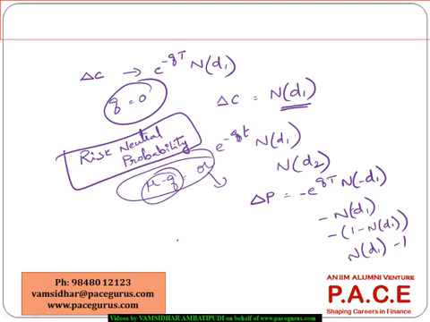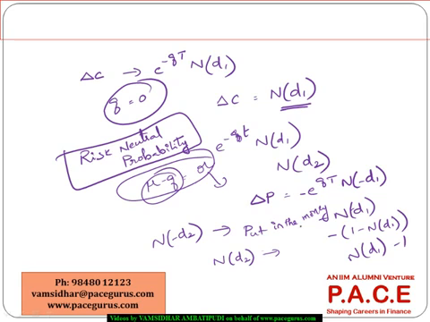Similarly, when I am looking at N of minus d2, we are talking of the risk neutral probability that the put option expires in the money. A simple way for us to understand this: when I am talking of N(d2), we said that is the probability that the call option expires in the money.